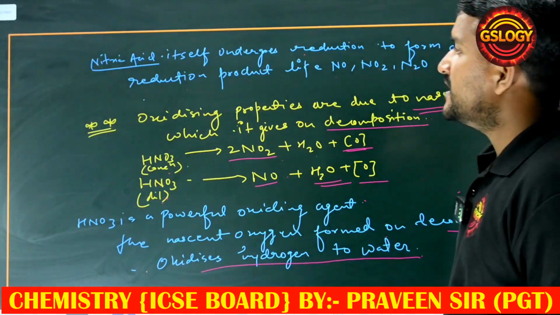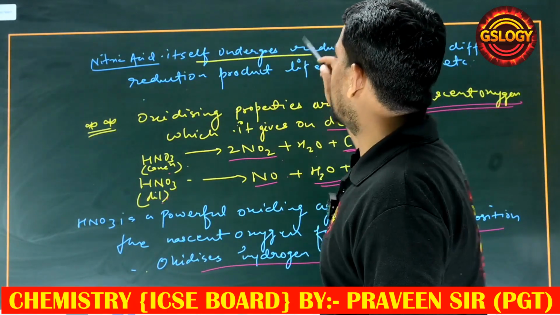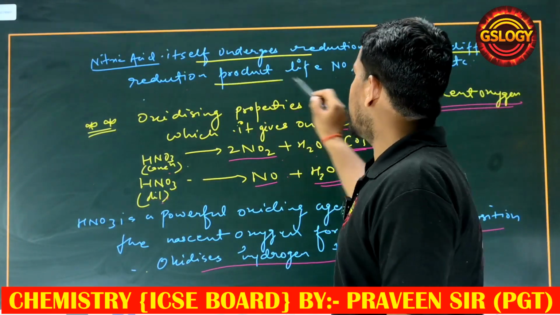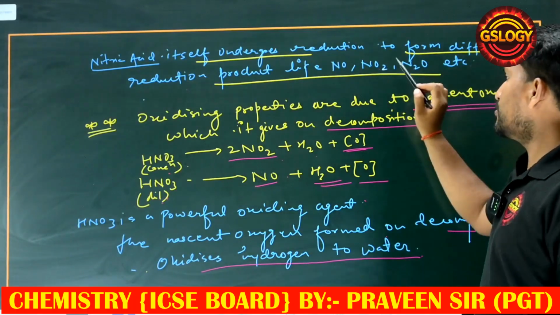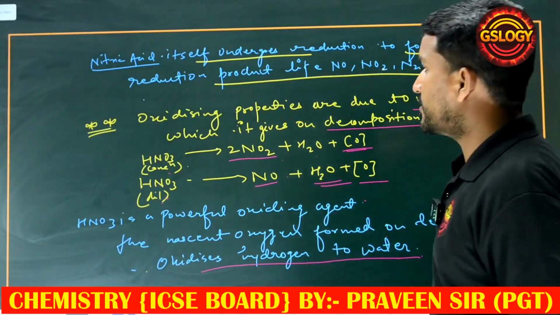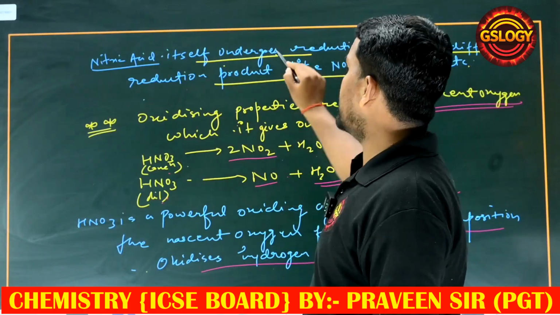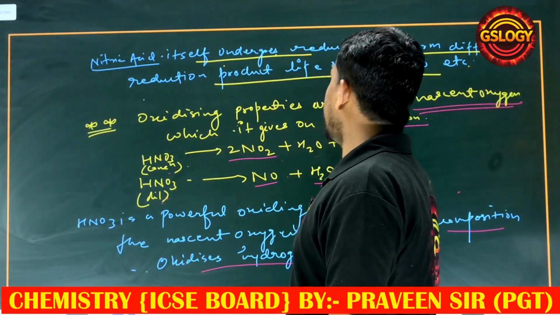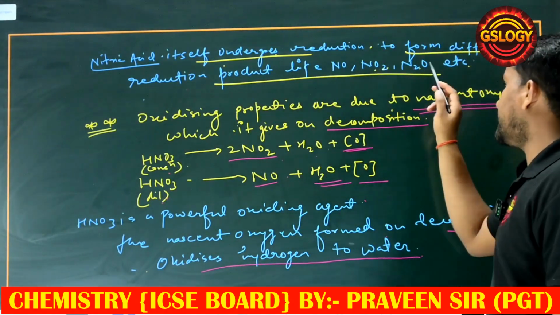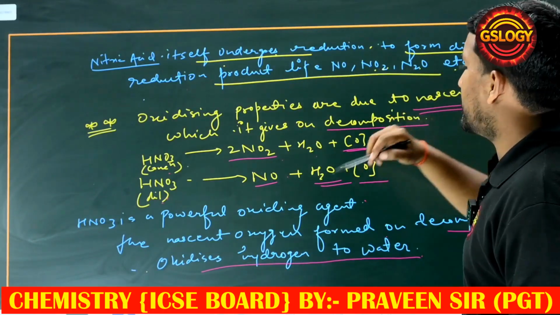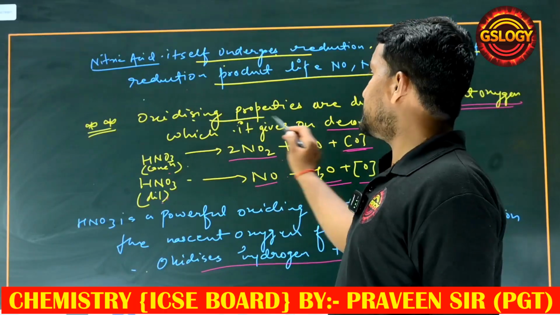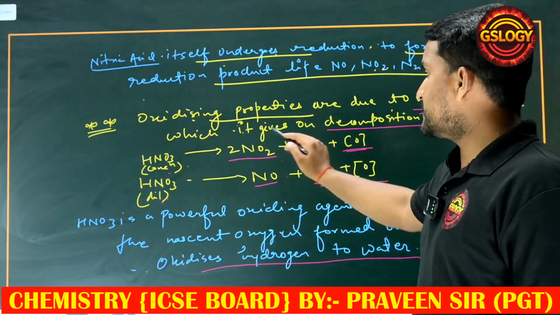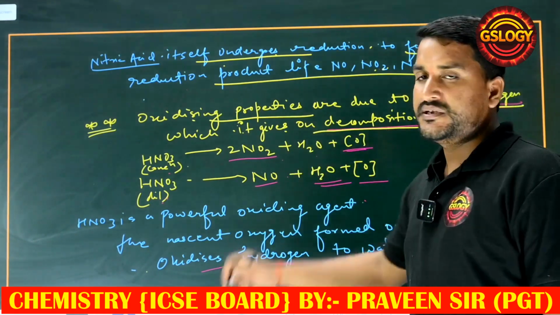Nitric acid itself undergoes reduction to form different reduction products like NO, nitrogen dioxide, dinitrogen oxide, etc. Oxidizing properties are due to the nascent oxygen which is given off on decomposition.